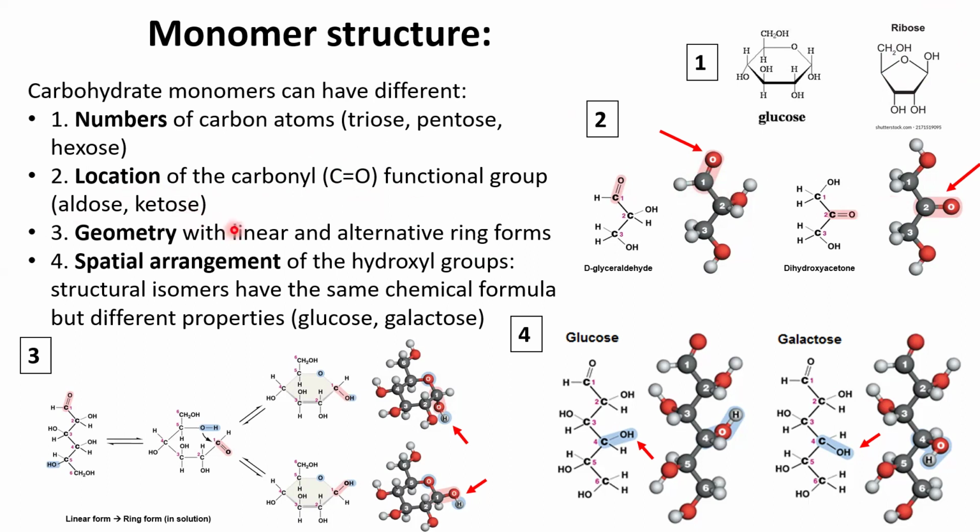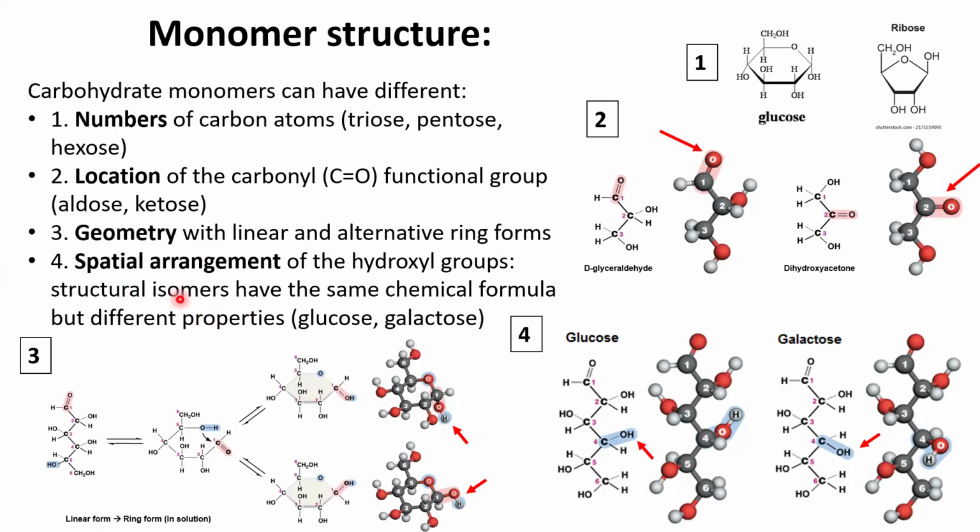And depending on how it is spatially oriented, it can have a different geometry, depending on the positioning of different rings and so on. The spatial arrangement of the hydroxyl groups can also be different depending on how it's oriented and placed.